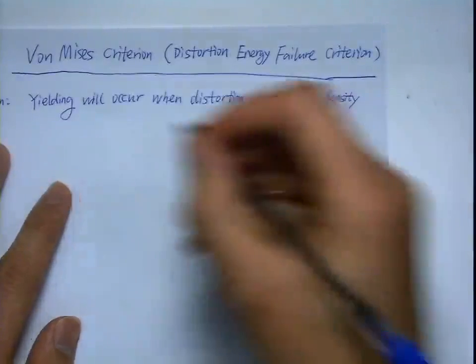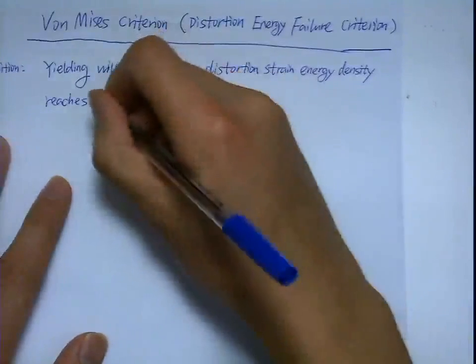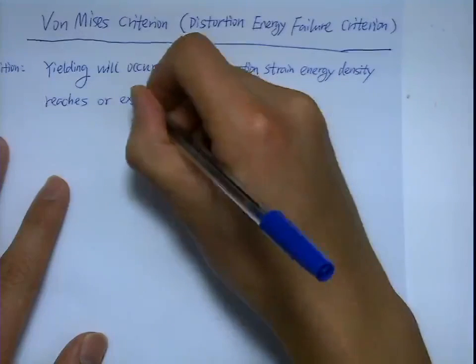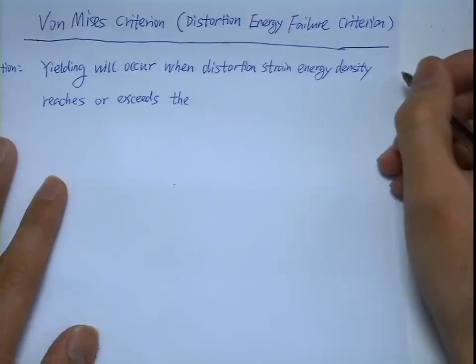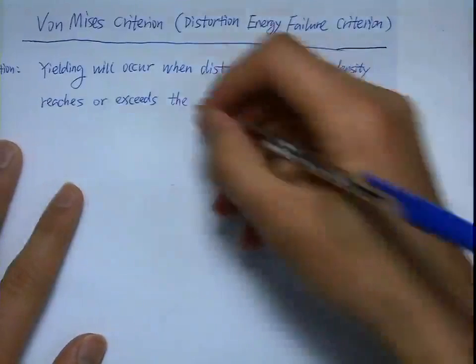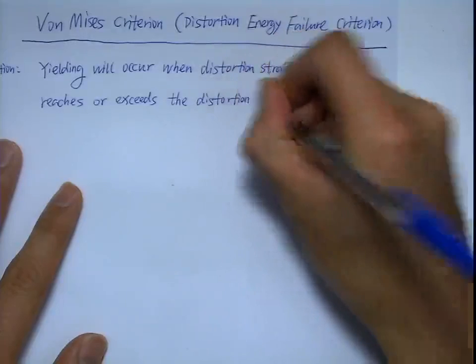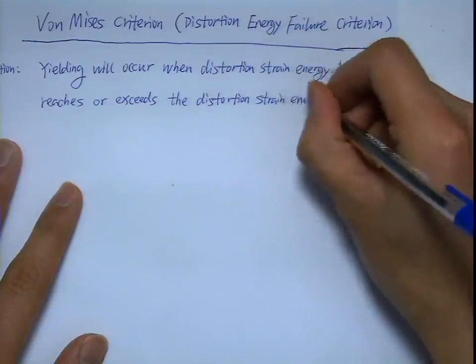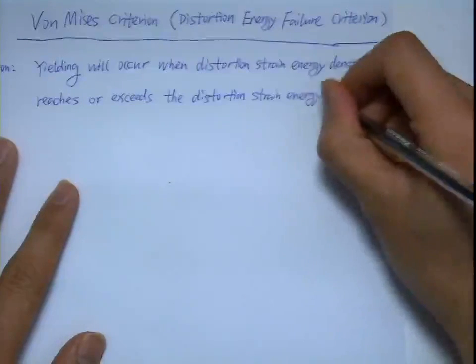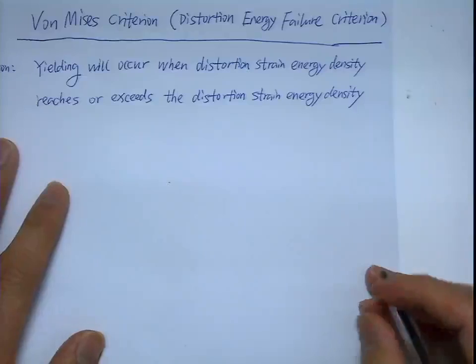Strain energy density reaches or exceeds the distortion energy, strain energy density. It's a very long sentence, sorry, but when you read it, it probably makes more sense.